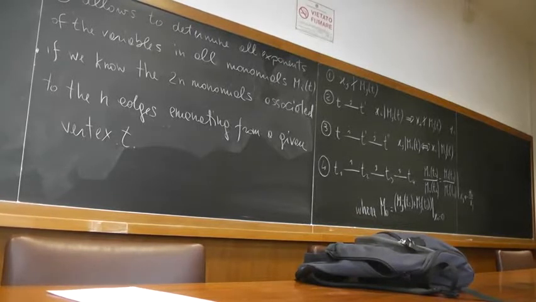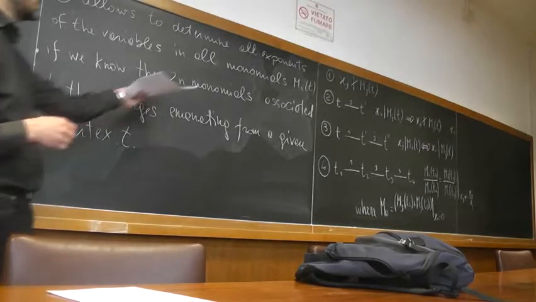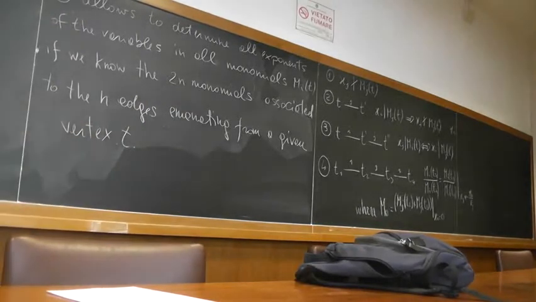If you do induction, don't you want to start with the step 0? Yes, for me, I will just write the induction hypothesis. The case k equals 0 is just the fact that we know these 2n monomials. So let me write this definition of distance. In fact, the step 0 is already a problem for me.